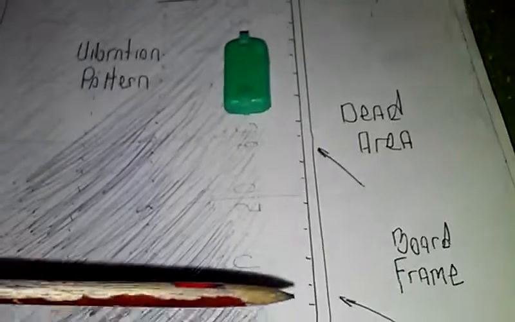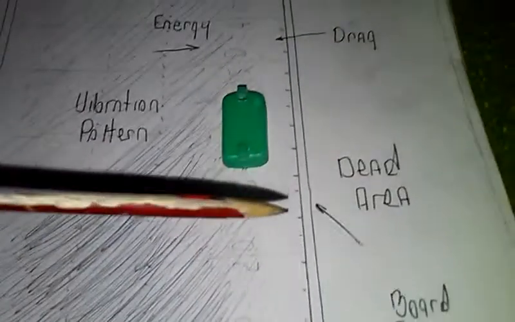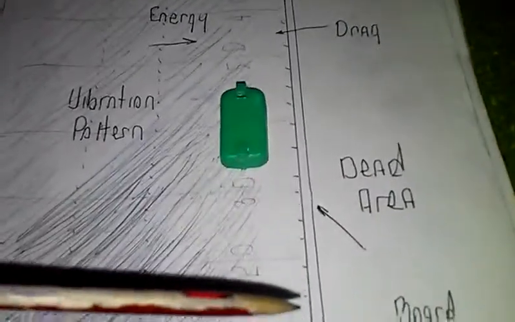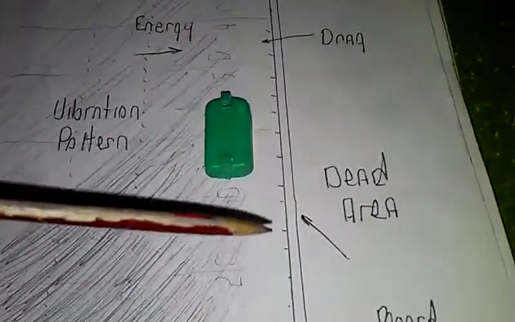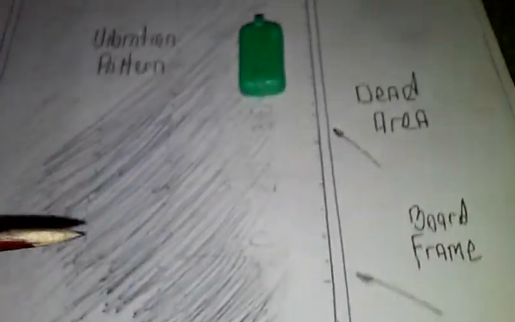But because of the attachment of the vibrating field to the dead area of the frame, the vibration lessens and is actually dead the closer you get to the sideline and to the frame.